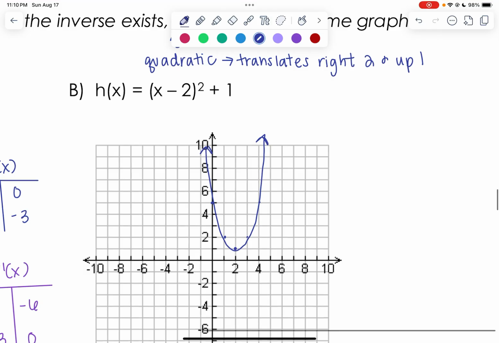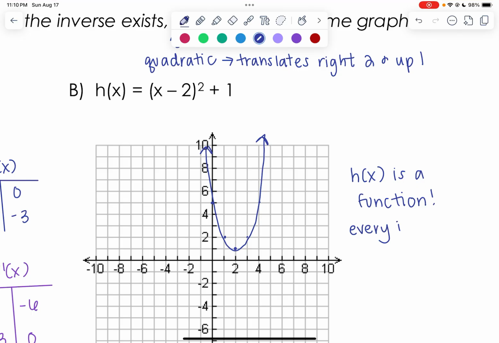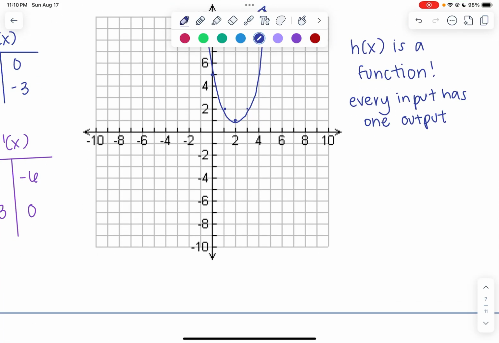Now, h of x, this quadratic, is a function. Every input has one output. But the question is, is the inverse a function?